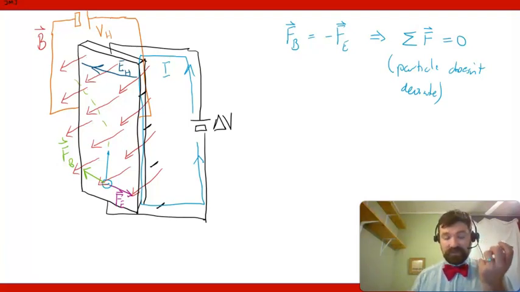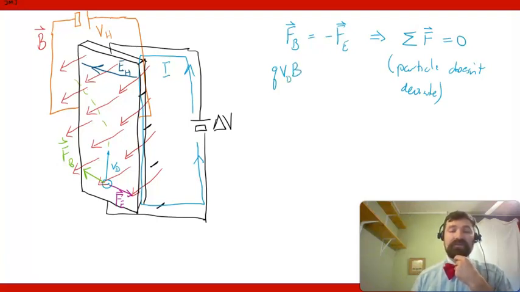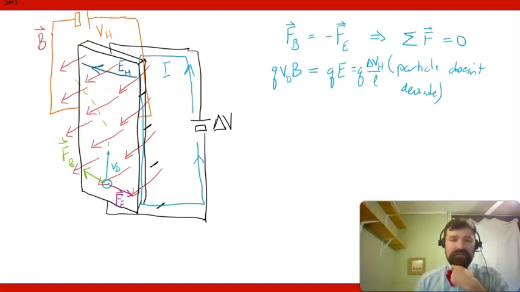Then it means that I also have balanced these two forces. The condition for these to be balanced is that the charge times the speed at which this particle is moving, which is the drift speed, times the magnetic field strength, should equal the charge times the electric field strength, which is in turn the charge times this Hall voltage divided by the distance, the actual length between the two sides.